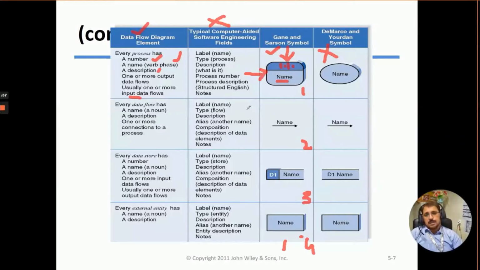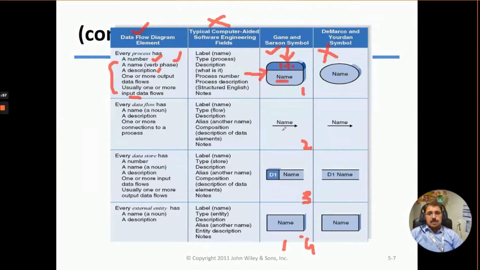Generally it is like this. So the process, its diagram and properties should be okay. Any confusion to anyone? Hello? No. Okay, good. Let's come to the next one.